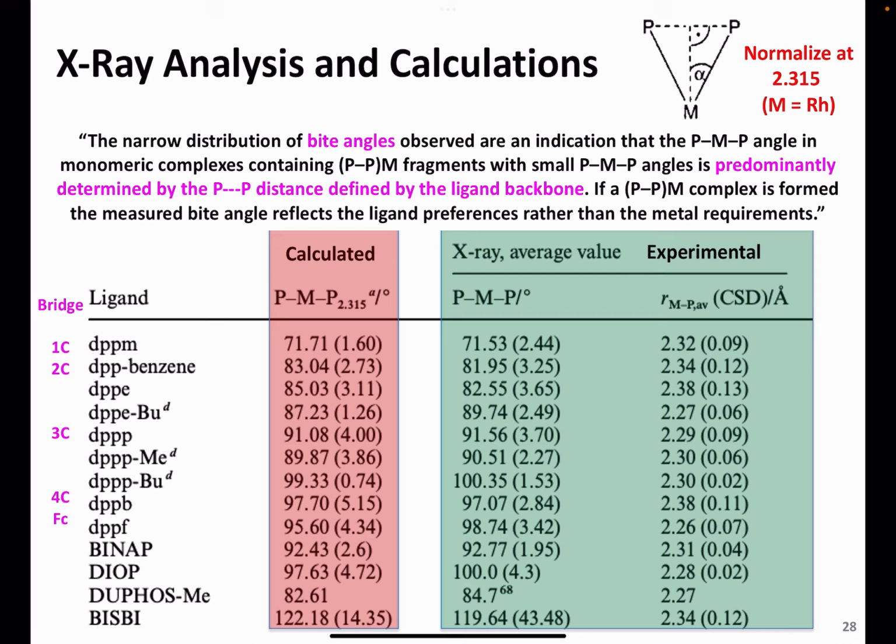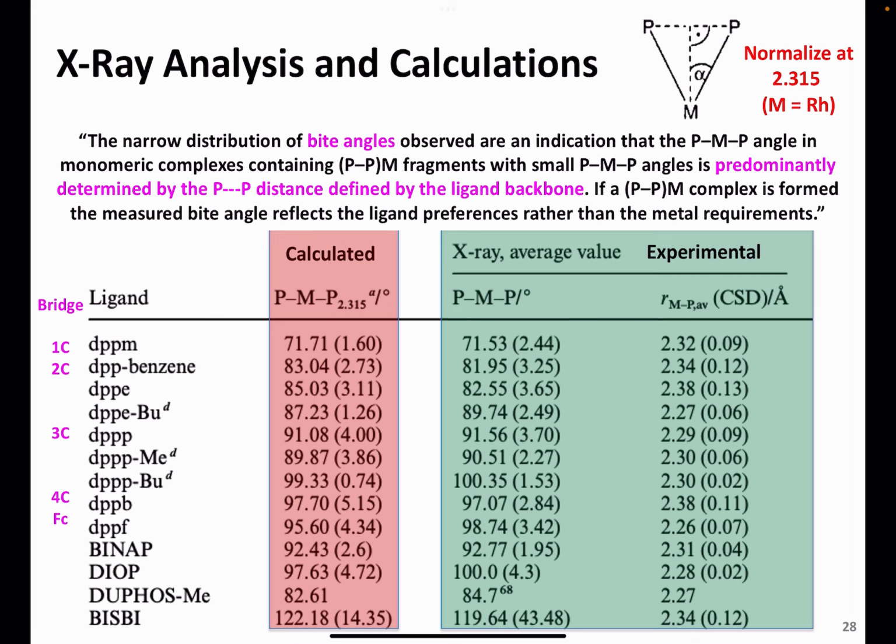The narrow distribution of bite angles observed are an indication that the PMP angle in monomeric complexes containing PPM fragments with small PMP angles is predominantly determined by the PP distance defined by the ligand backbone. If a PPM complex is formed, the measured bite angle reflects the ligand preferences rather than the metal requirements.